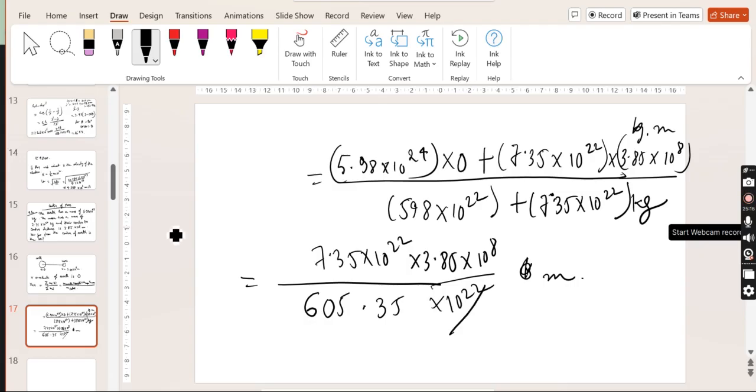So basically the kg cancels out, and we will get 4.67 into 10 to the power 6 meter.